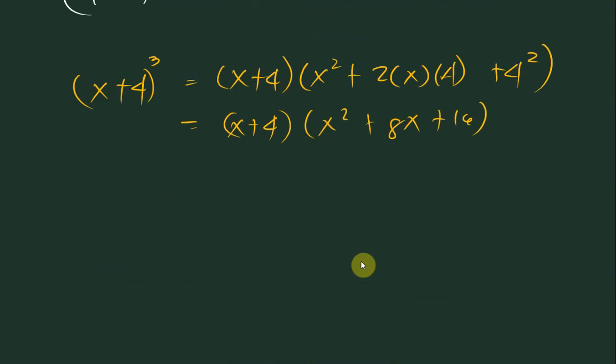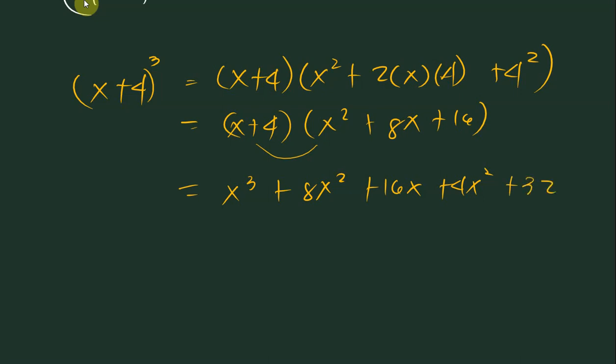Okay, so we can then distribute this x plus 4. So x cubed plus here 8x squared, and then plus 16x, and plus 4x squared plus 32x plus 16 times 4, that's 64.